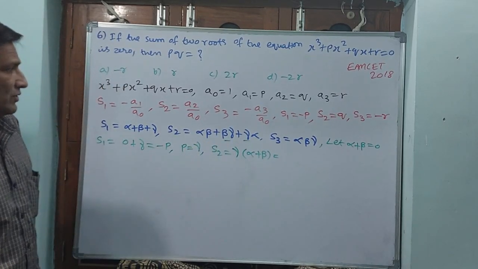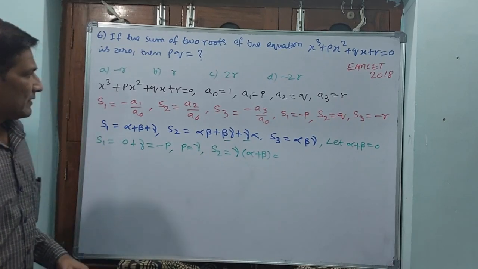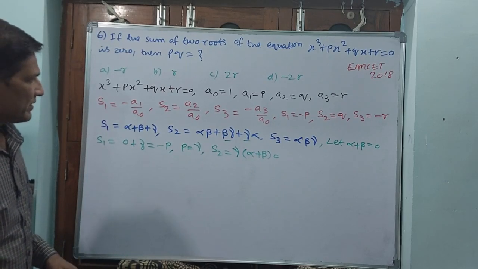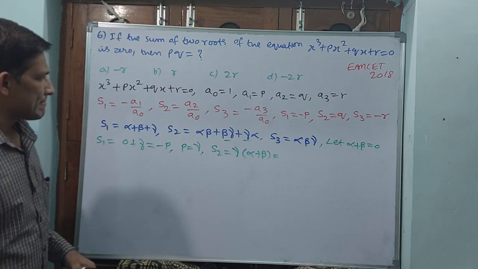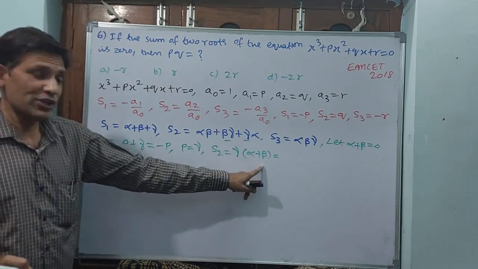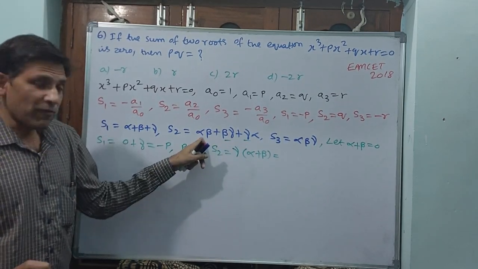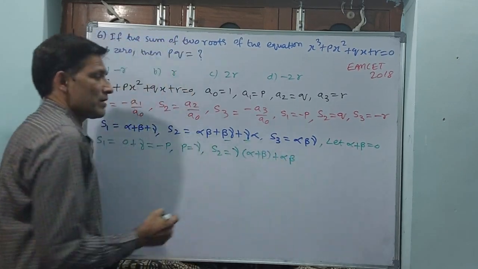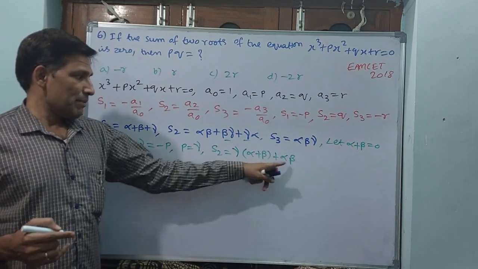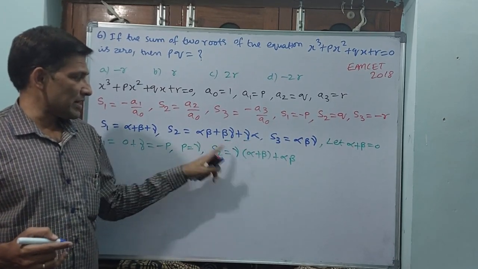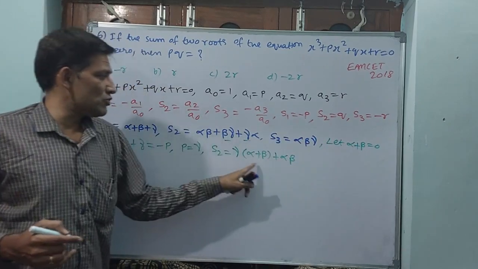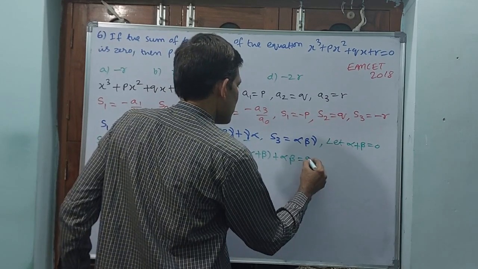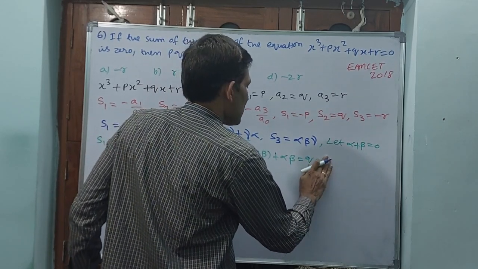Why have I taken this? Because alpha plus beta is 0, so 0 into gamma is 0. But alpha into beta is there. Alpha beta is equal to S2 value, how much? Q. That is equal to alpha beta.